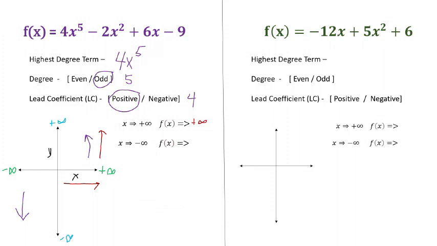What about as x moves towards negative infinity? Along the x-axis, if it goes that way, the function of x, or y, is going down, towards negative infinity. So as x moves to negative infinity, f of x also moves to negative infinity.